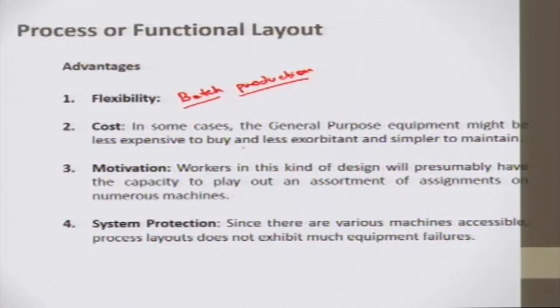Then is the cost. In some cases, the general purpose equipment might be less expensive to buy and simpler to maintain. This is in comparison to the special purpose equipment. The special purpose equipment is used generally for mass production. For example, general purpose equipment are the lathe, milling, drilling, grinding, all these machines.